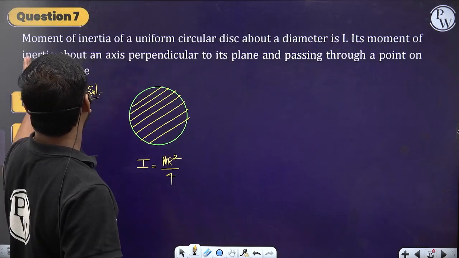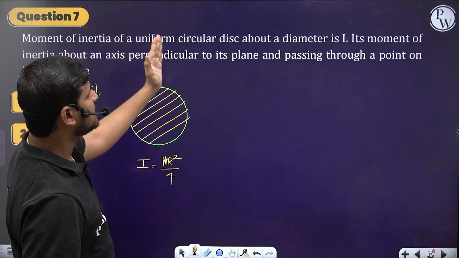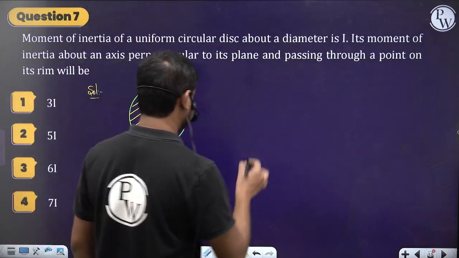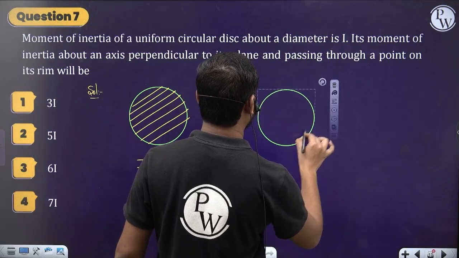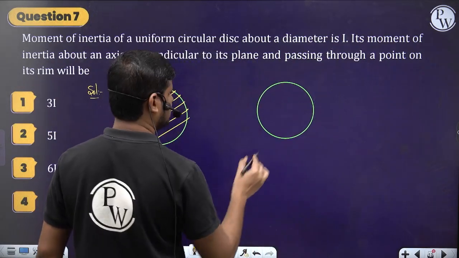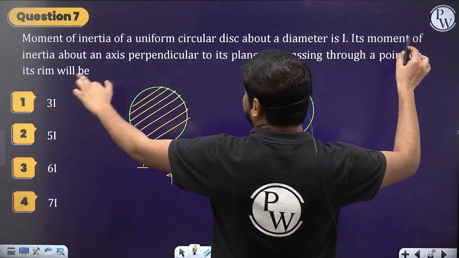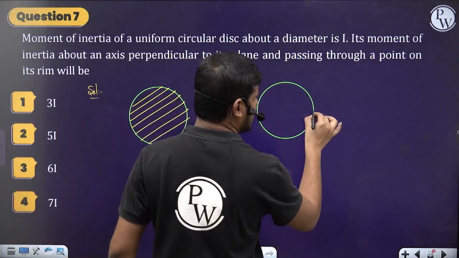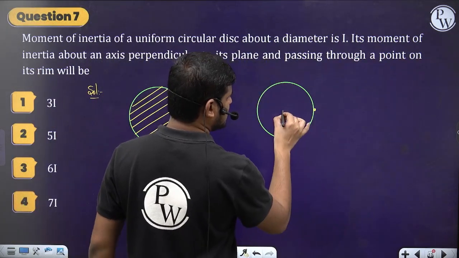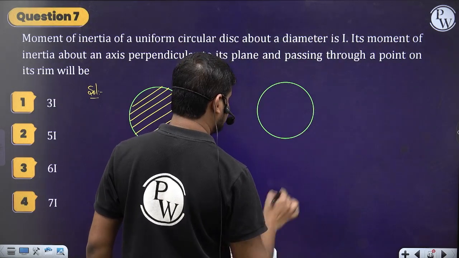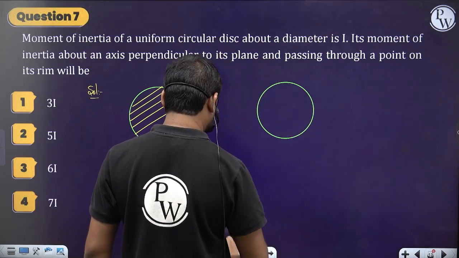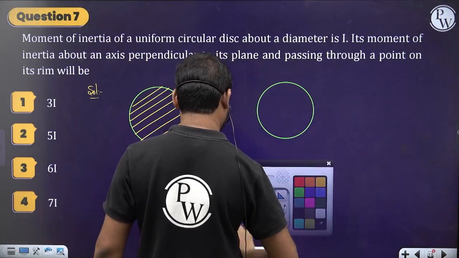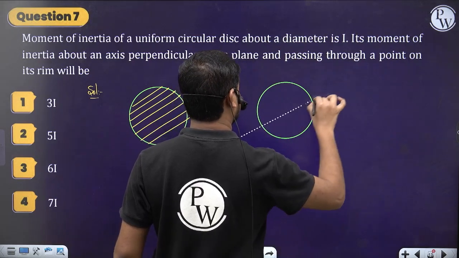Now, we need the moment of inertia about an axis perpendicular to its plane and passing through a point on its rim. So next case, this is a disk again. About its perpendicular axis through the center we already know.